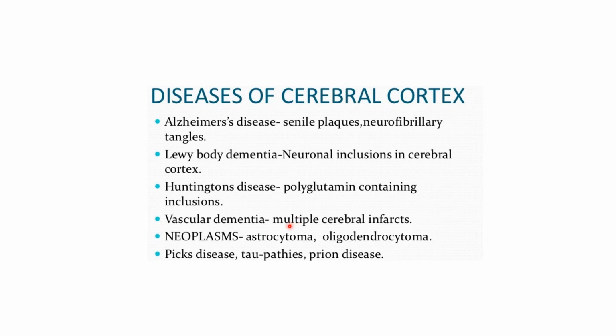The blood supply is compromised because of atherosclerosis or narrowing of the blood vessels, and multiple infarcts give rise to dementia. Then of course the neoplasms, astrocytoma, oligodendrocytoma, and other diseases which you will learn later. The commonest for you to remember are Alzheimer's and dementia.